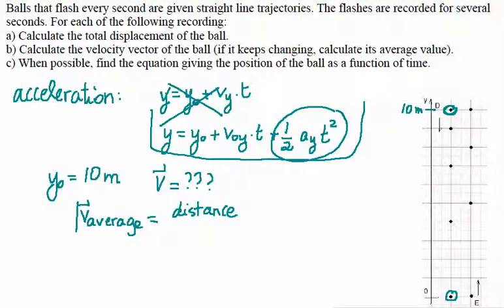So it would be a speed, so I take the absolute value of this, and distance divided by time. So the distance would be 10 meters traveled in 1, 2, 3, 4 seconds. And that's the only thing I can calculate over here.